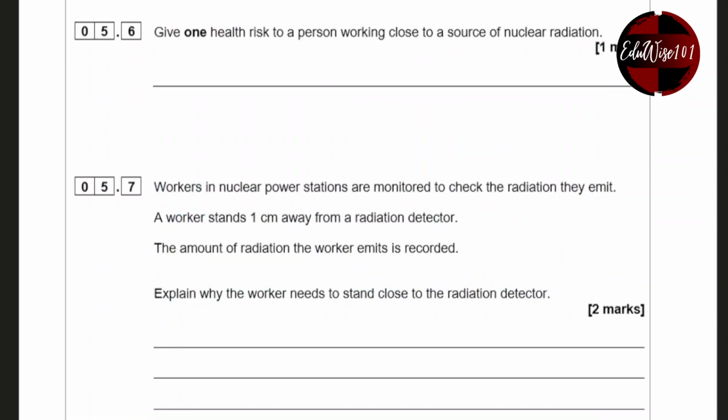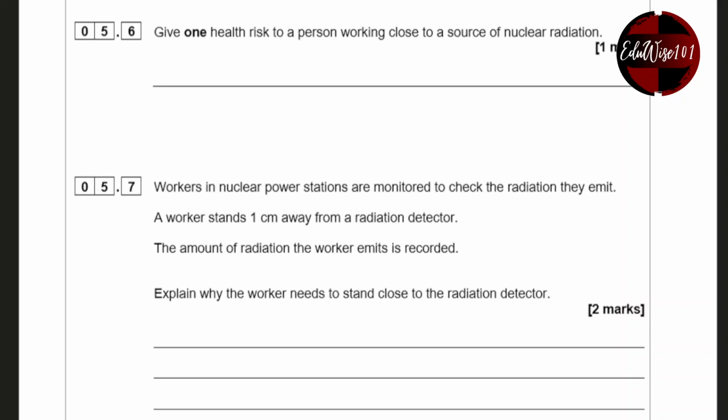Next part. Give one health risk to a person while working close to a source of nuclear radiation. If they are working close to a nuclear radiation, the one health risk is that nuclear radiation is ionizing, and because it is ionizing, it can cause mutations in our cells.